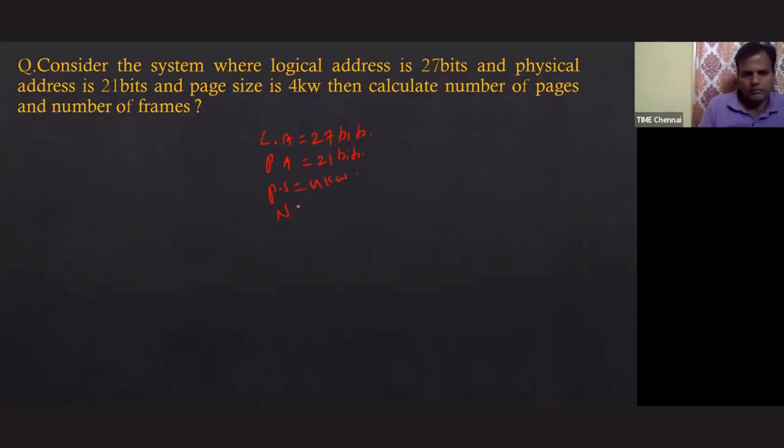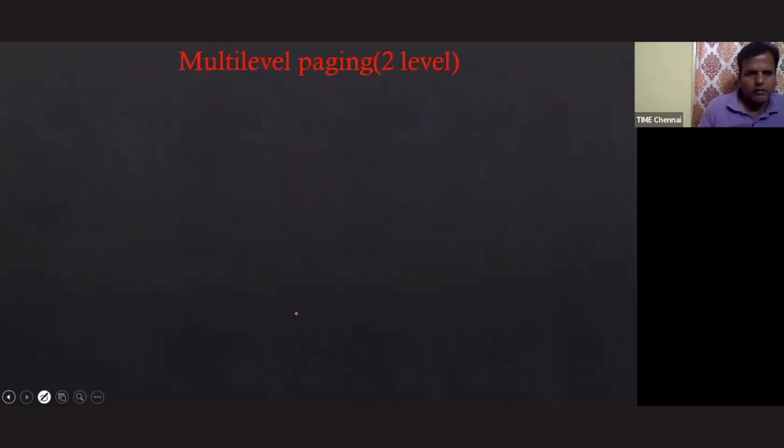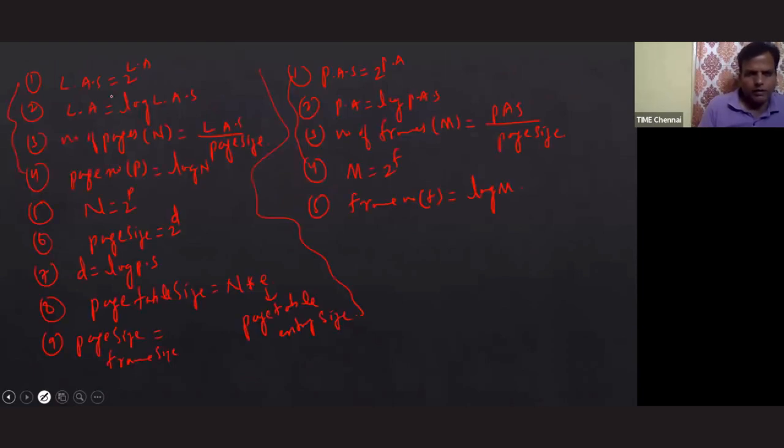So we'll see this one. N equals logical address space by page size, where the logical address space equals 2 power logical address bits.